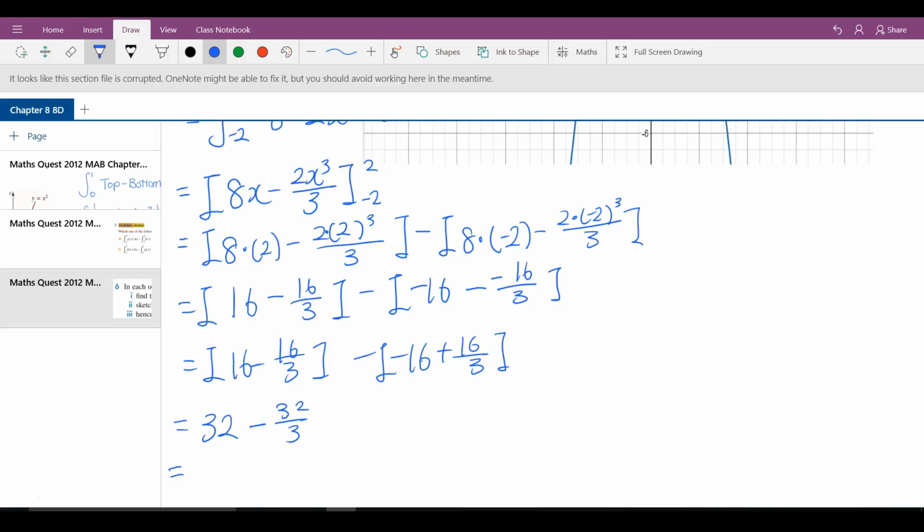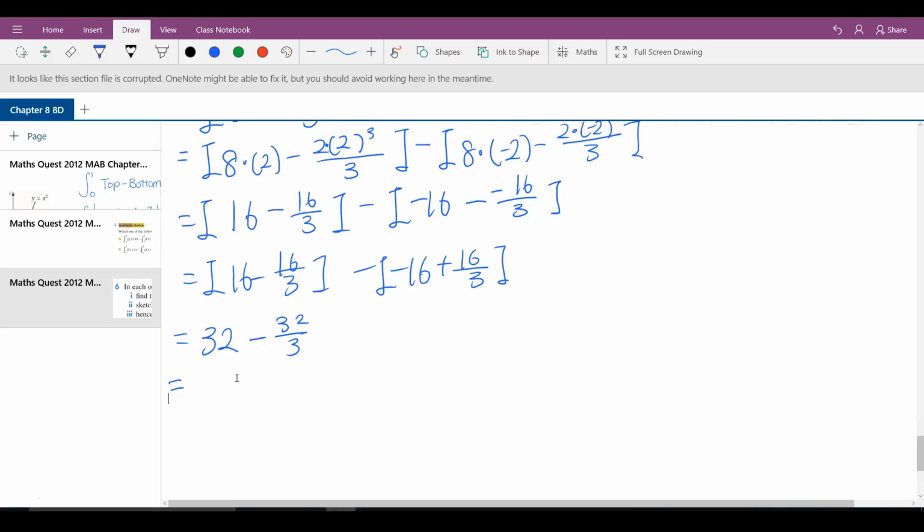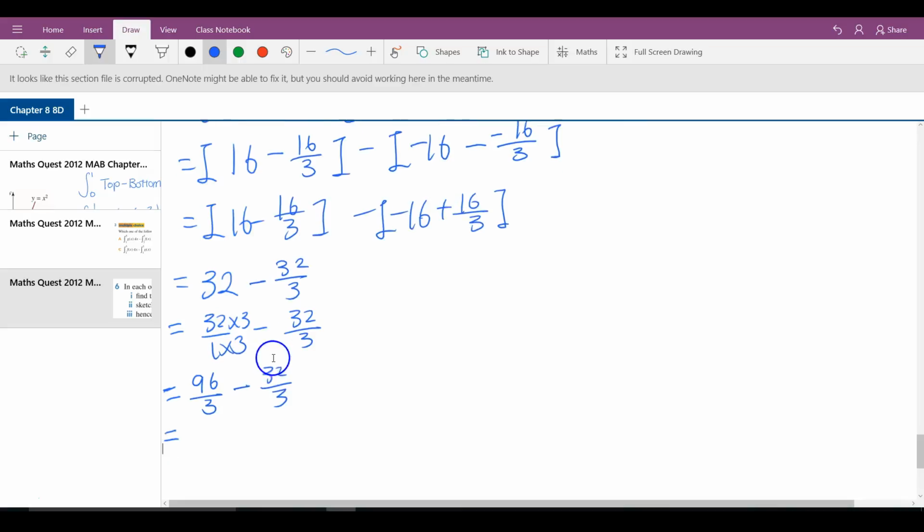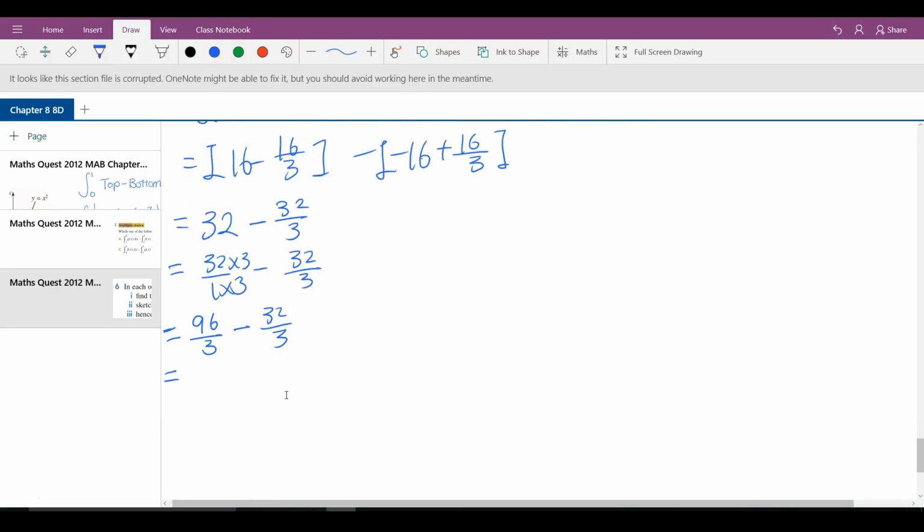Alright, and then let's do our primary school maths, finding the common denominator. So it's 32 over 1 times 3, which is 96 over 3, minus 32 over 3. That will give you 64 over 3.